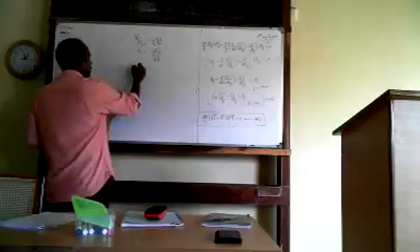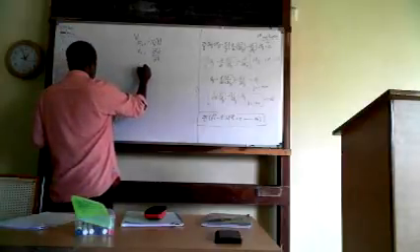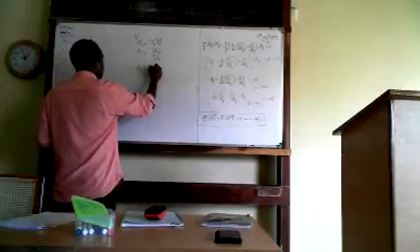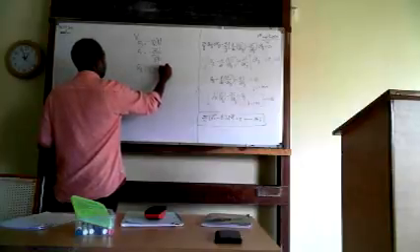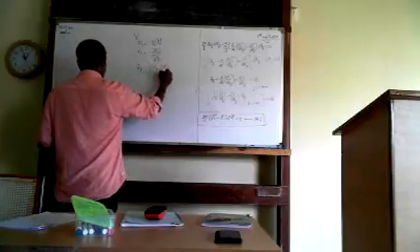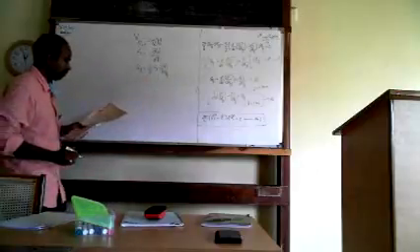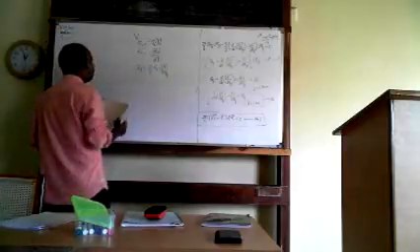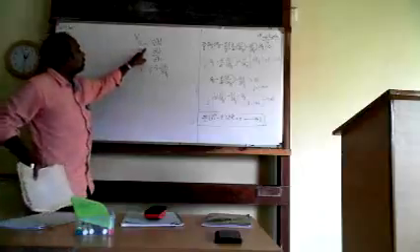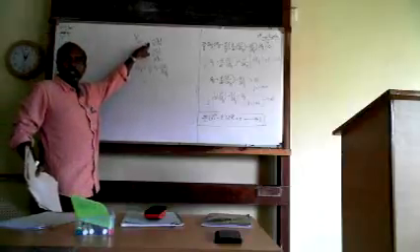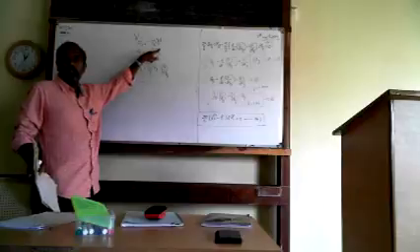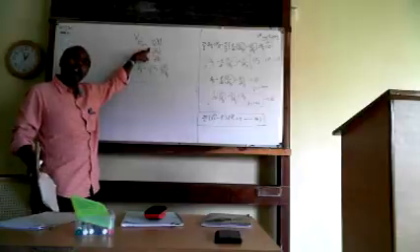Now, the generalized force Qj is the sum over i of Fi ∂ri by ∂qj. You always remember this one, isn't it? Negative gradient of potential. Now, what will happen if we put it as positive?